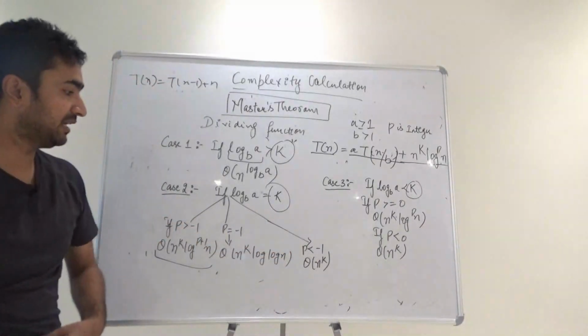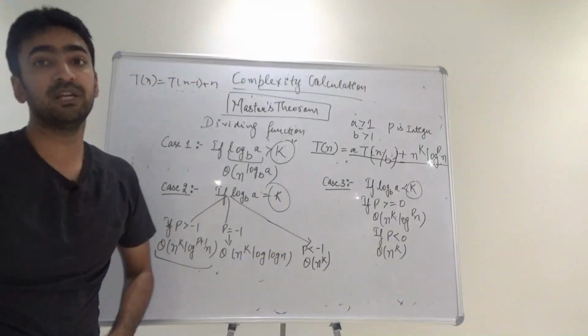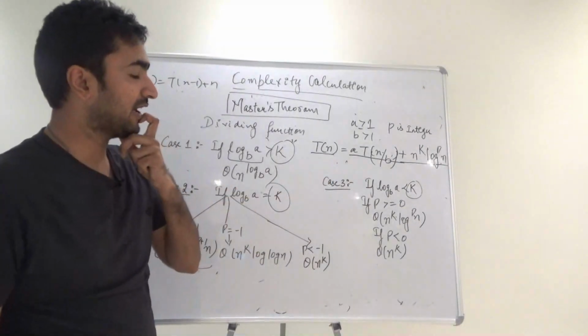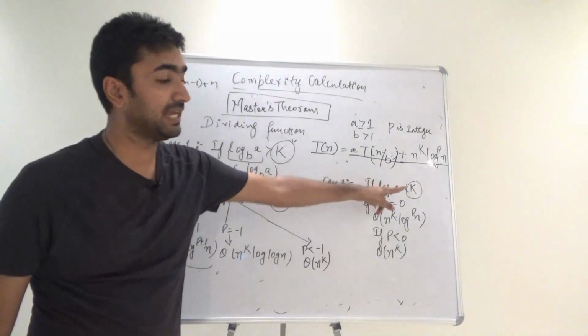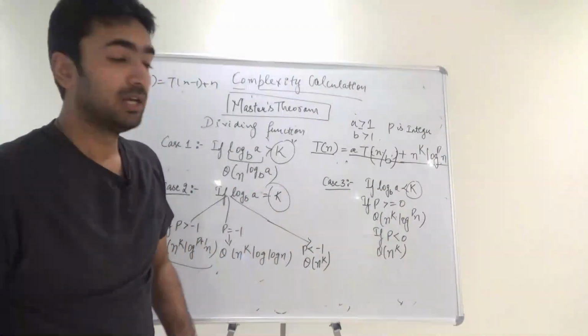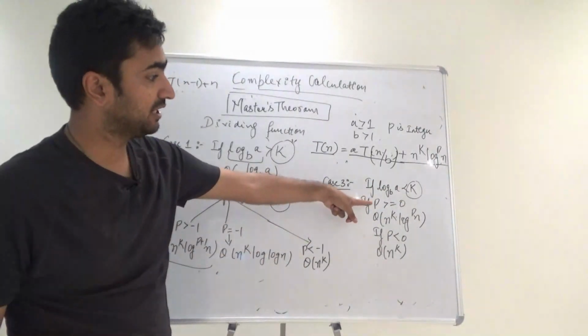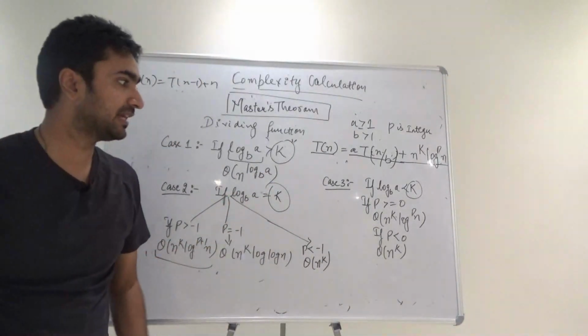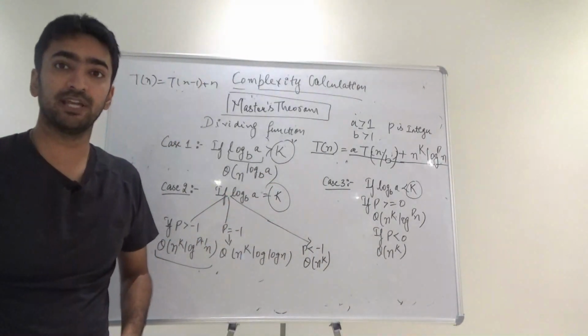If p is less than minus 1, the answer would be order of n raised to power k. And same scenario, if log base b of a is less than k: if p value is greater than or equal to 0, it is order of n raised to power k log^p n. If p is less than 0, it is order of n raised to power k.